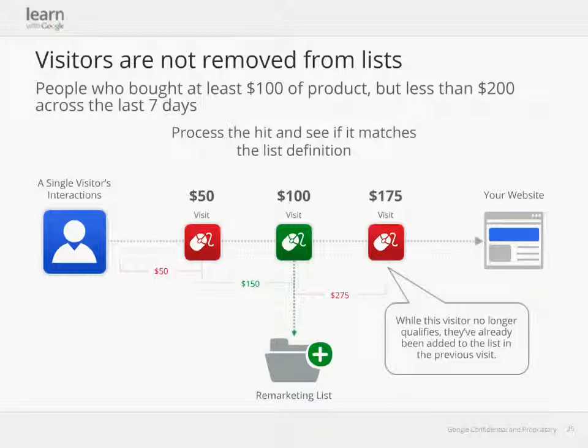The catch is that while this third visit no longer qualifies for the type of audience that you want to reach, this visitor has actually already been added to the list in the prior visit. And this third principle is that when a visitor gets added to a list, they're never removed from a list.